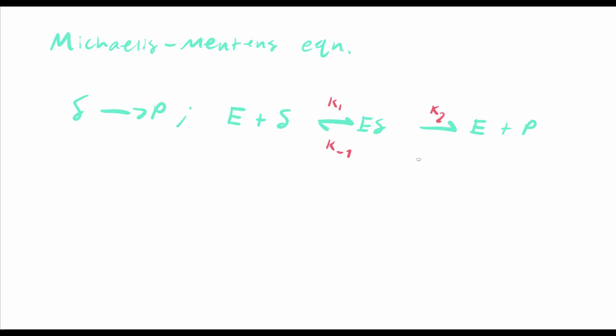Well, we're making an assumption that the product is so favorable that we're always going to want to make the product. We're never going to want to make the ES, okay? So we go from ES, and 100% of the time we're going to make the product. Okay, so that is the assumption. So P to S is never considered.